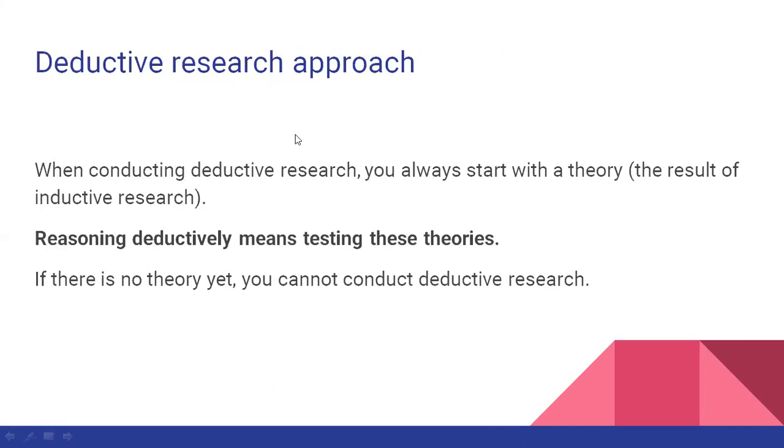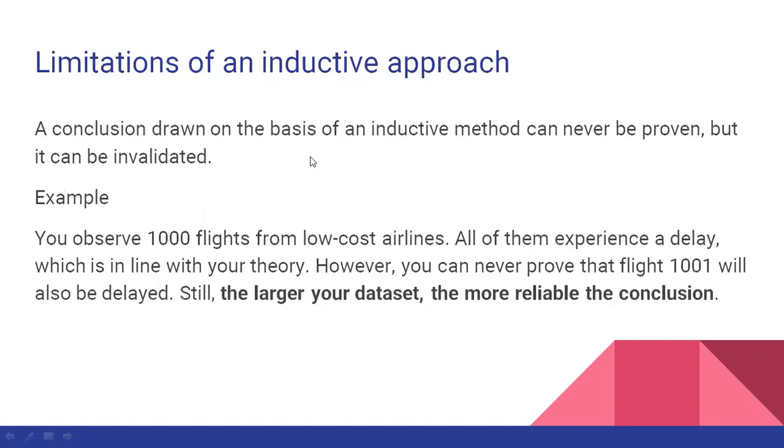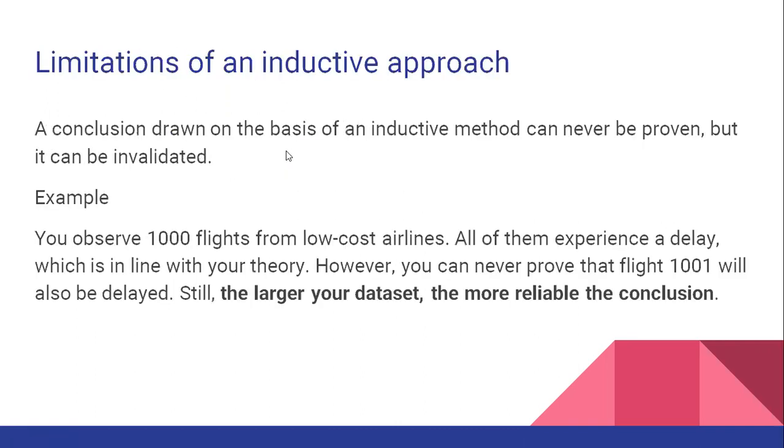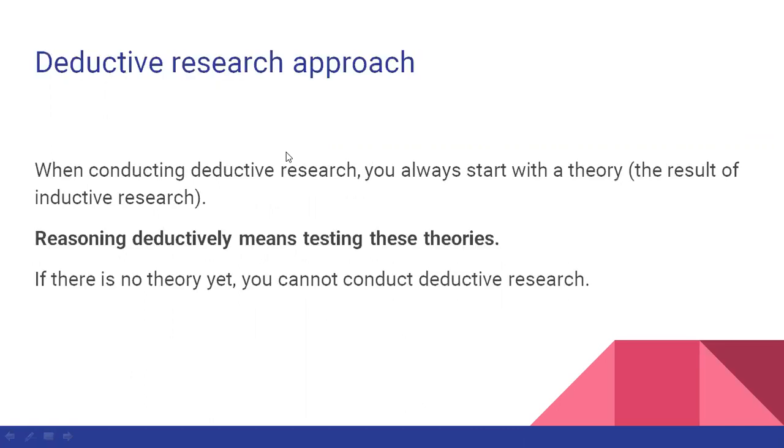Now I'm coming to the deductive research approach. We have seen that when there is no theory, then you go for what? Inductive research. Now, of course, the opposite is the case of the deductive research approach. When conducting deductive research, you always start with a theory.